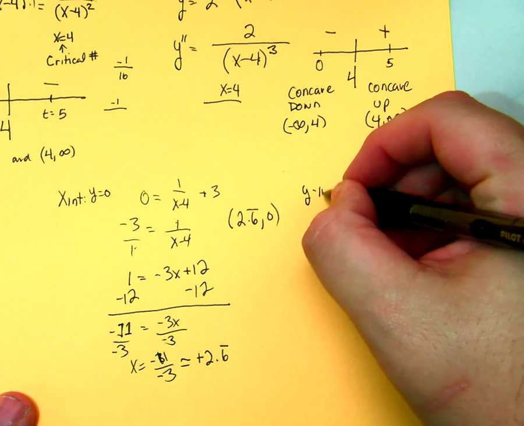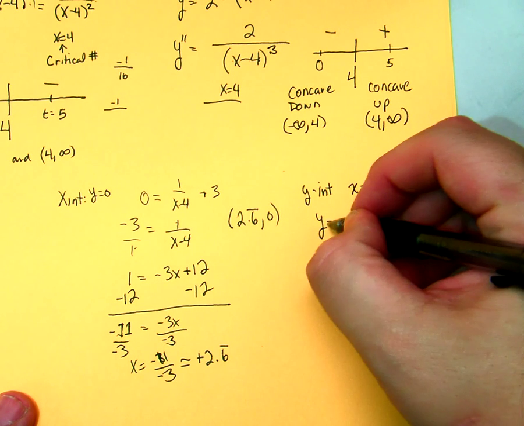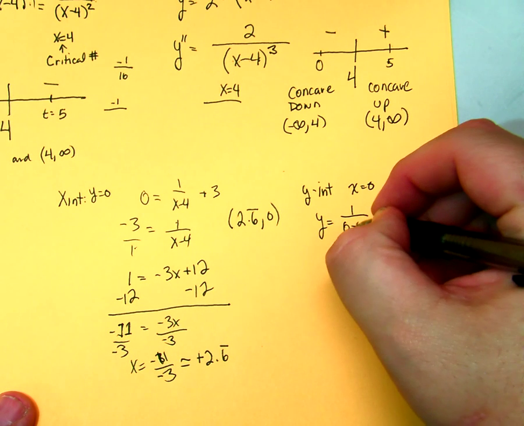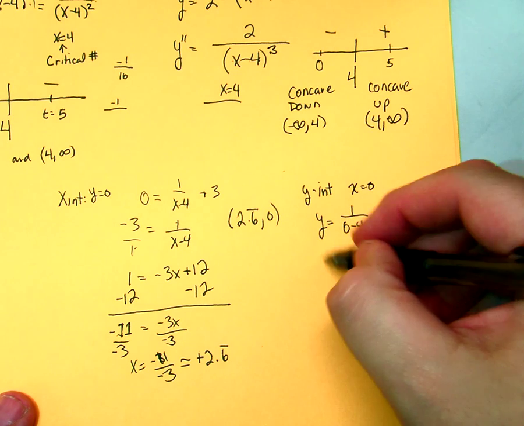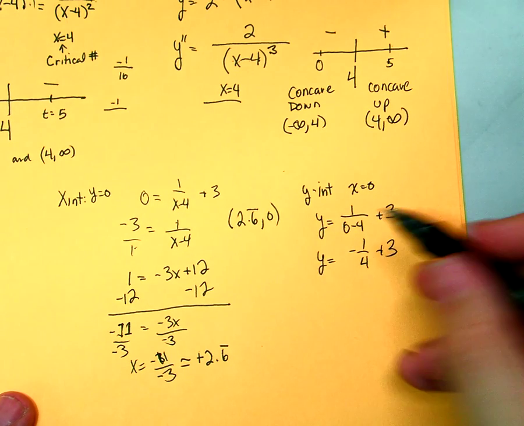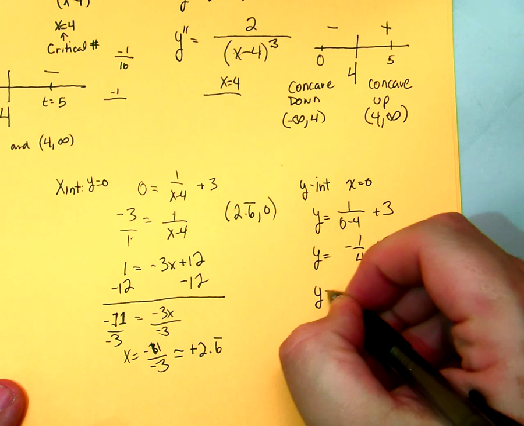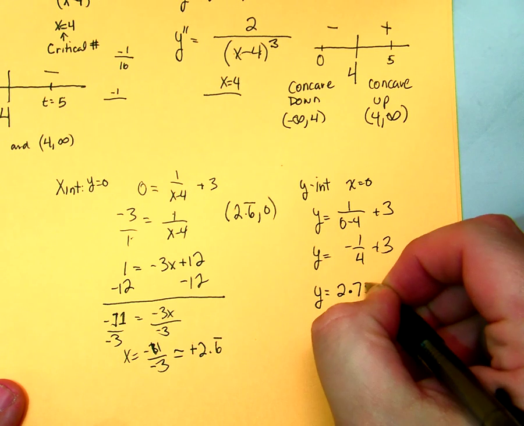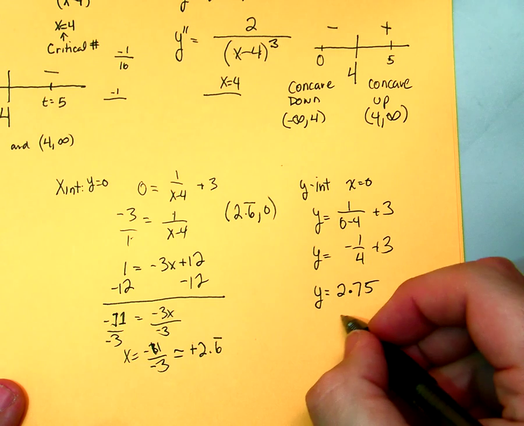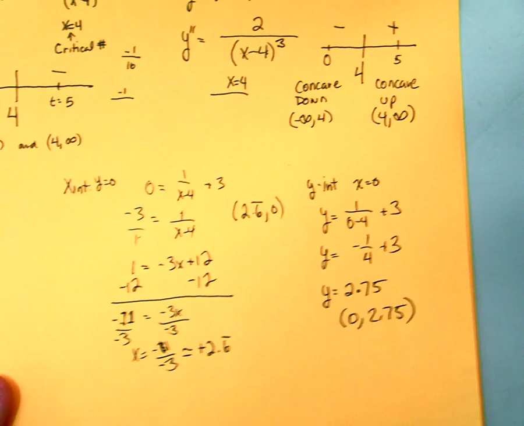So y would be equal to 1 over 0 minus 4 plus 3. So y is equal to negative 1/4 plus 3. So 3 minus a quarter. So y equals 2.75. So I get 0, 2.75. Does that make sense?